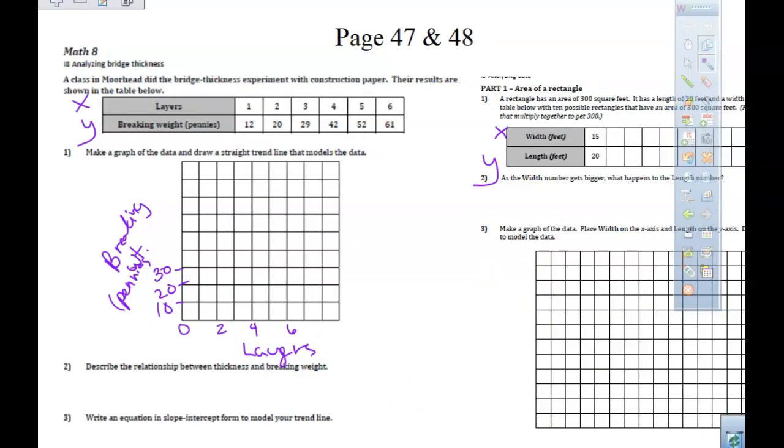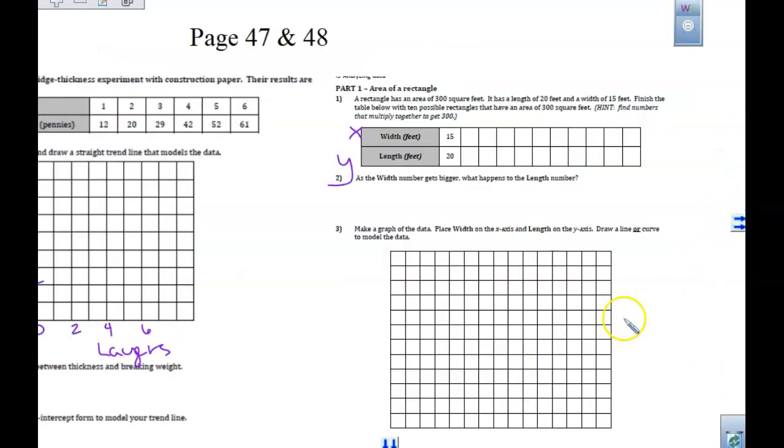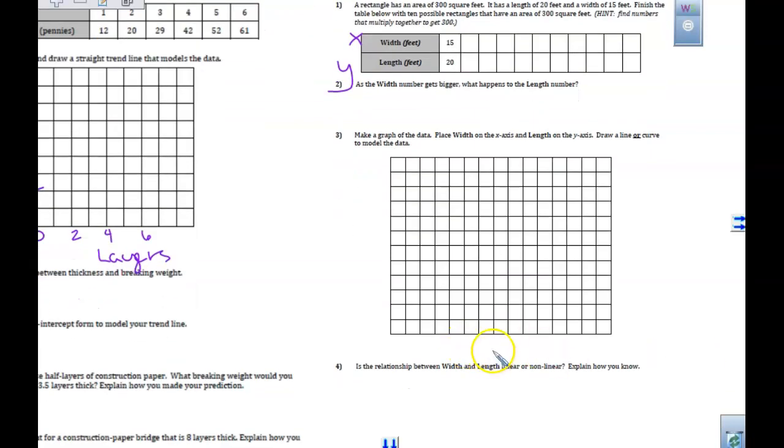This one really gives people problems on page 48. Again, people don't have a problem setting it up. They go, oh, I'm going to go with, and this is where you really need your calculator. And this is going to be length.